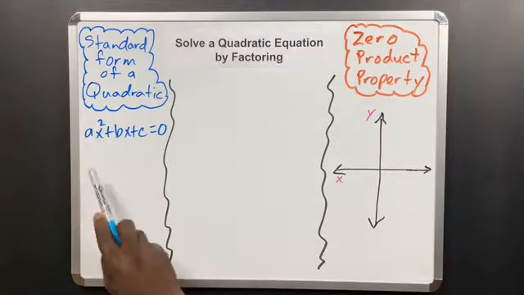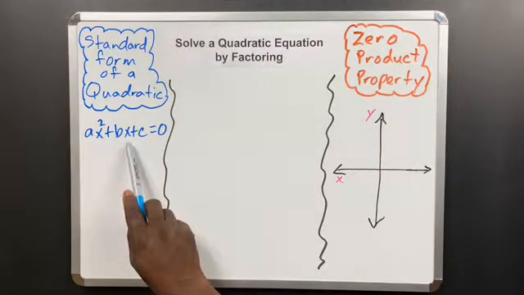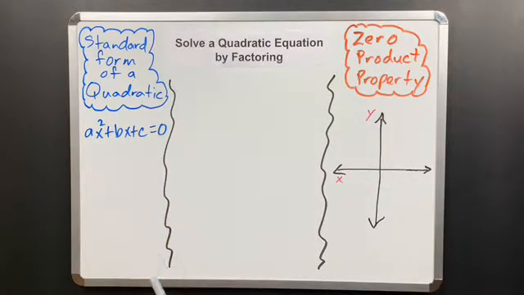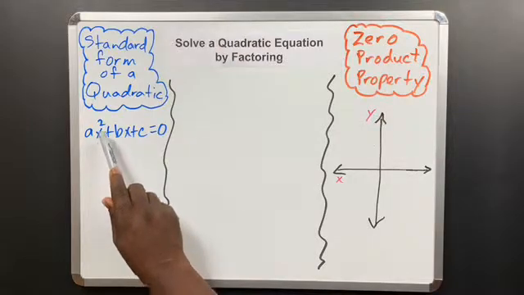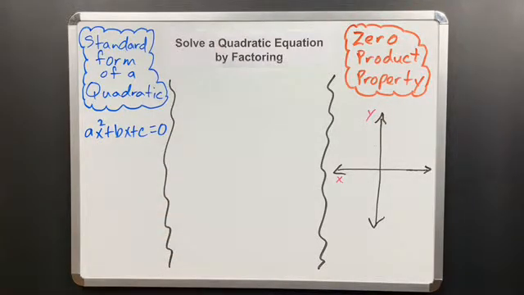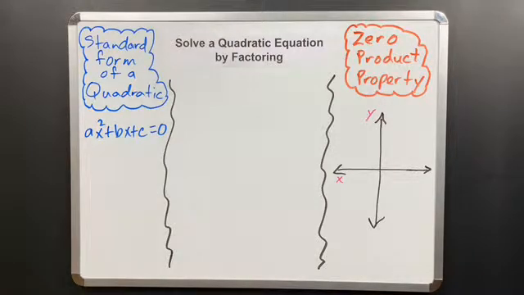So a represents the coefficient of x squared, b represents the coefficient of x, and c is a constant. This is a quadratic because the highest exponent of the variable x is 2. So we're going to solve a quadratic equation in standard form. It will not be set equal to 0 at first, but we're going to manipulate it and set it equal to 0.